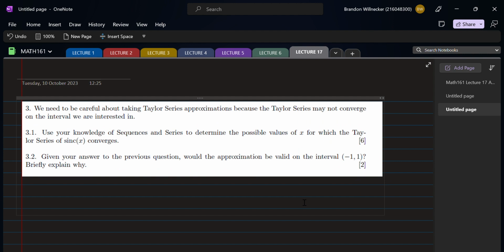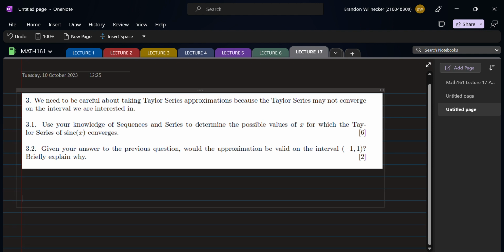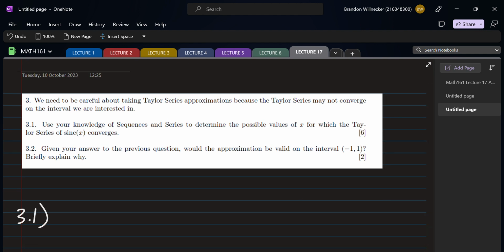So we showed that in the lectures with the trig functions, the exponential function, and then we did one with cos x over x, I think one of the later lectures, and we showed that those converge for all x values. Now here we've got sine x over x. Maybe it doesn't converge for all x values, so we need to test it. Okay, so 3.1, we need to see for which values of x does it converge.